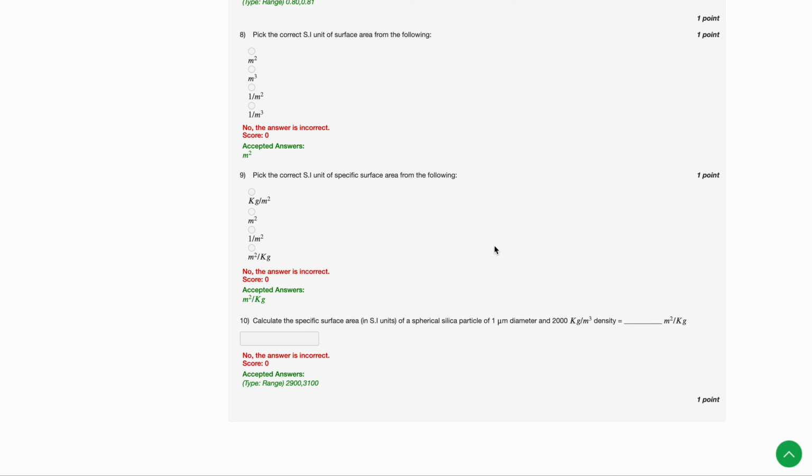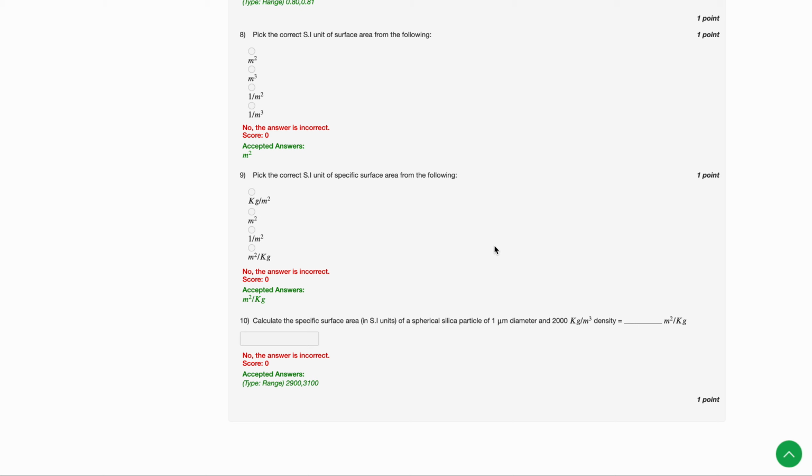So the specific surface area is equal to pi into 10 raised to minus 12, which is the actual surface area, divided by 2000 into pi by 6 into 10 raised to minus 18. That should be the answer.